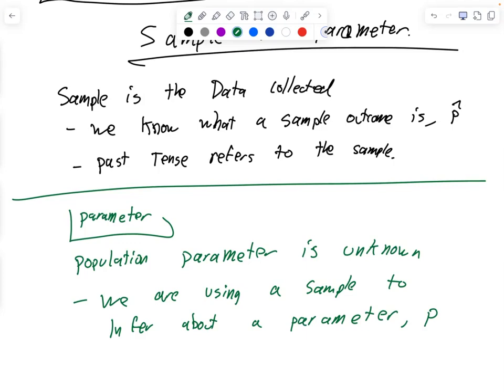We don't know what the true proportion of students who skip class or the true proportion of students who come to school late is. Whatever it is that we're trying to measure, we don't know what it is. It's unknown. This is the reason why we take a sample and use that sample to infer, to deduce what the population is going to be.